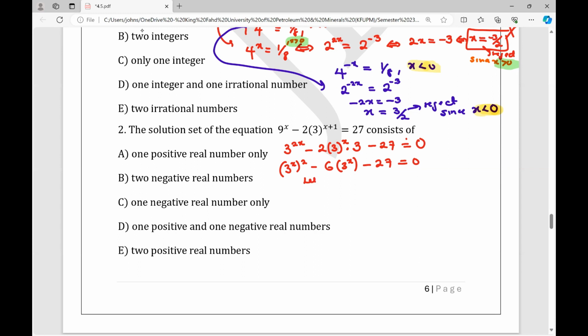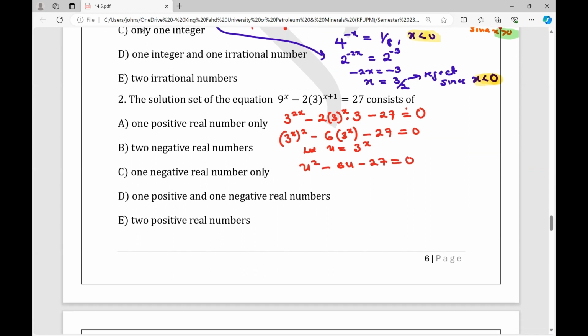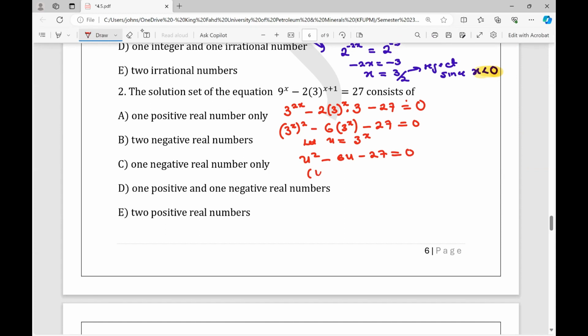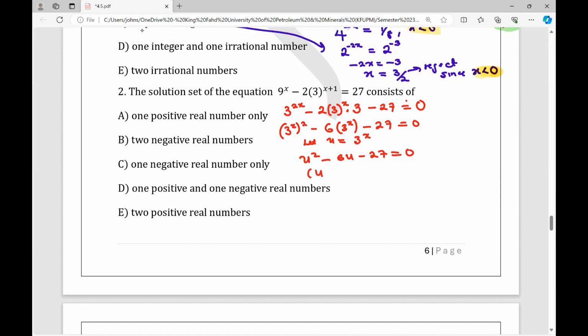And then we can let u be 3 to the power x, so that we have u squared minus 6u minus 27 equals 0. This factors as u minus 9 times u plus 3 equals 0, which means u equals 9 or u equals minus 3.